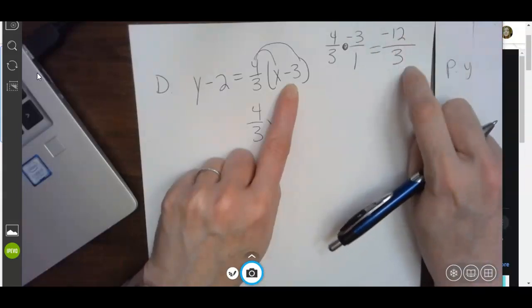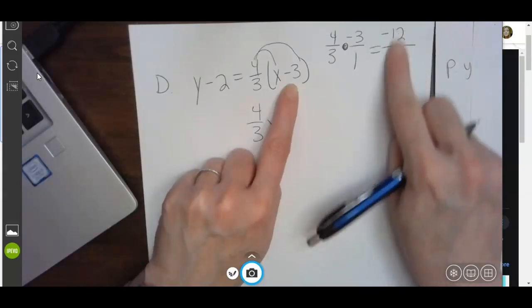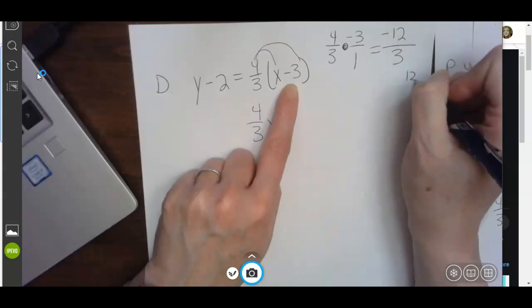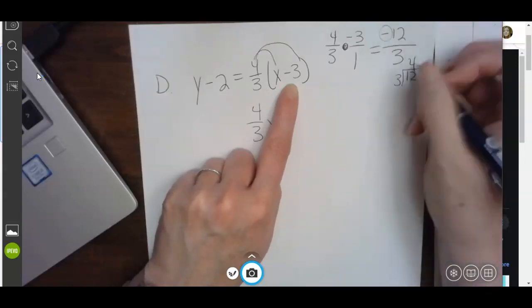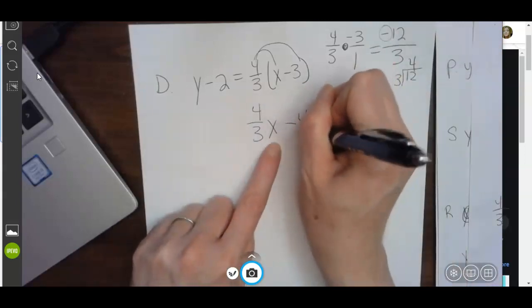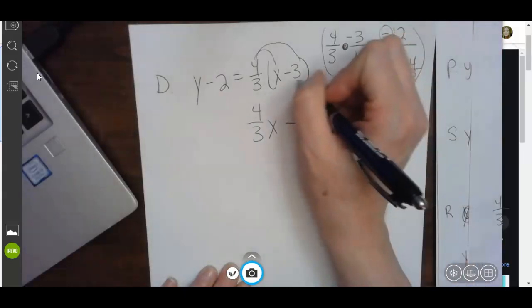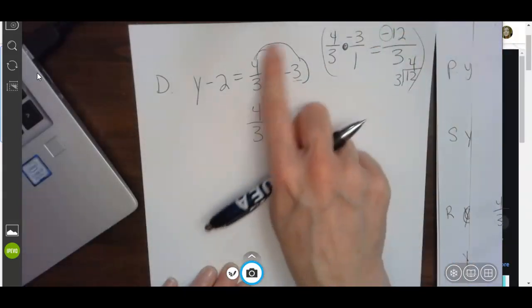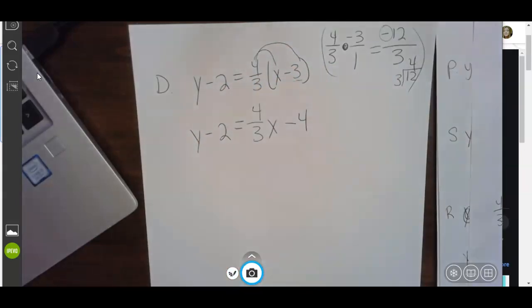So now you have -12 over 3. This means divide. So what is 12 divided by 3? 12 divided by 3 is 4, but we're going to keep our negative. So we get -4, right? That is what all of this is, this one number, and how we've changed it when we multiplied it in, is equal to y minus 2, okay?